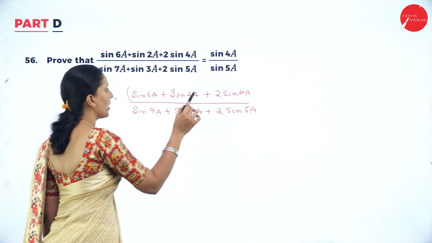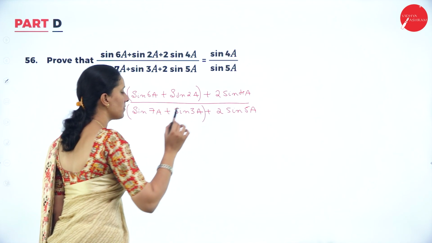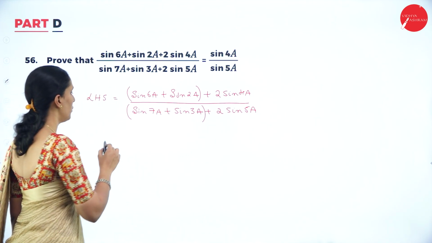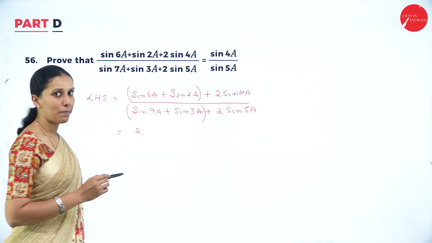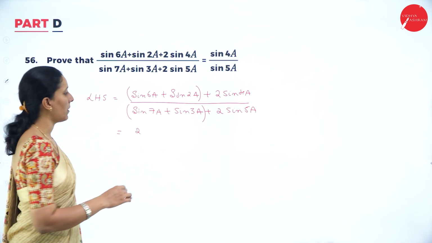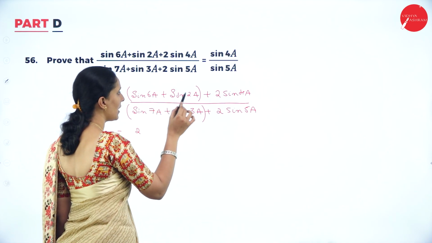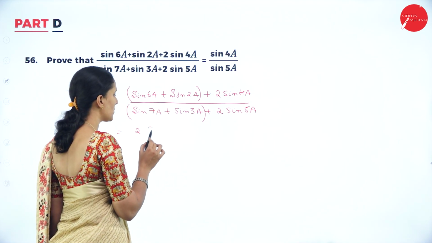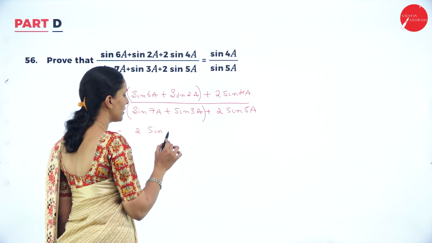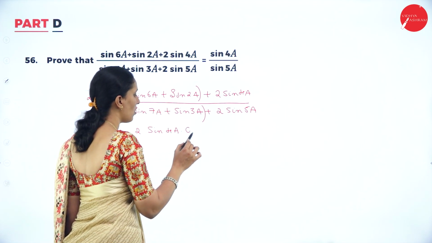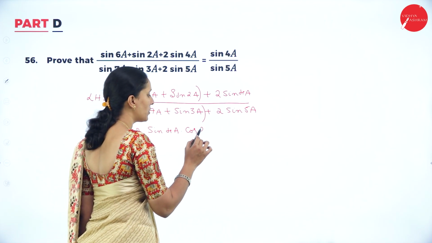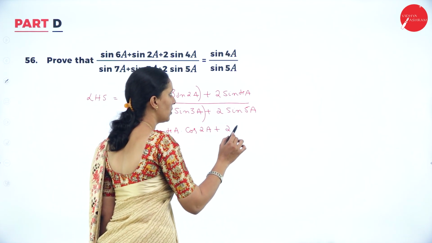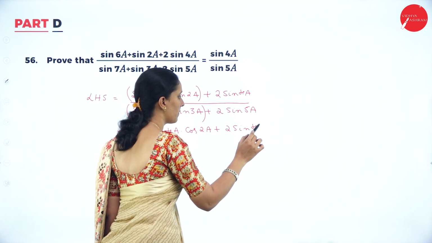Let's use the transformation formula for the first two terms in the numerator and denominator. We know that sine c plus sine d can be written as 2 sine (c plus d)/2 cos (c minus d)/2. So c plus d means 6a plus 2a is 8a, so sine 8a by 2 becomes 4a, and cos of 6a minus 2a is 4a, 4a by 2 is 2a, plus 2 sine 4a.